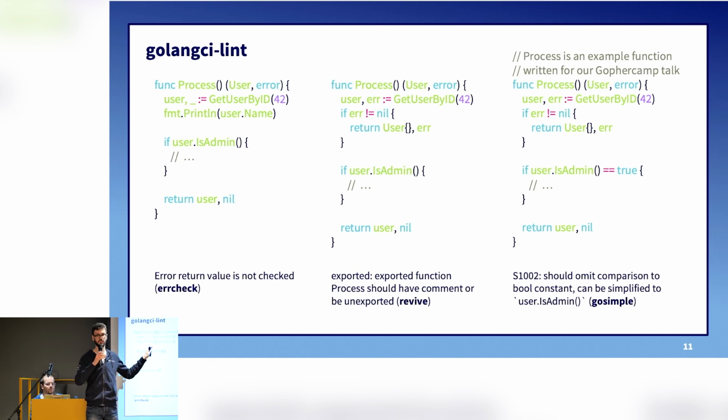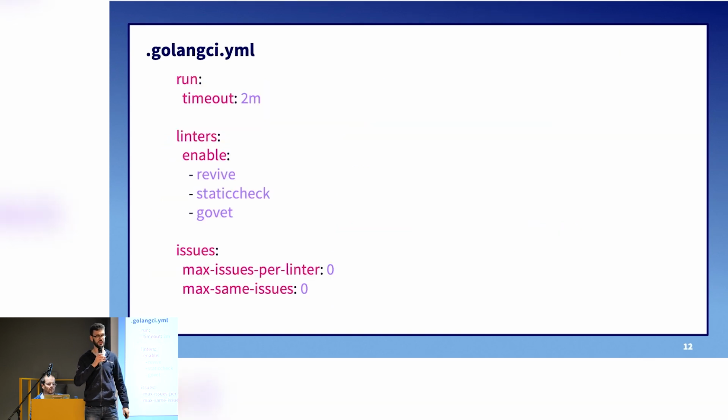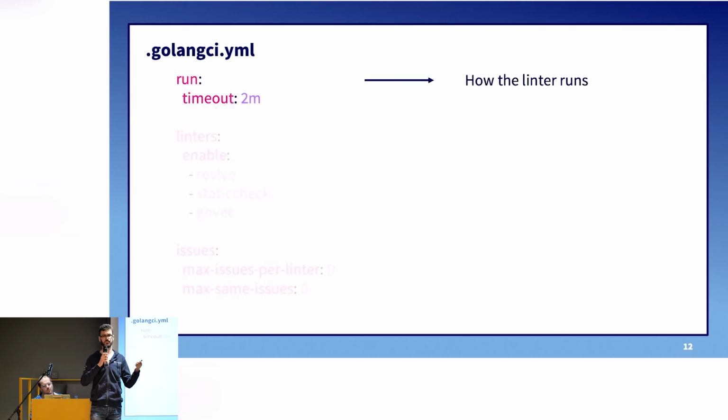But if you want to have minimal needs like this one, it's very easy to set up with this small configuration file. It's enabled, and it's just in 3 parts. How the linter runs, so here, for example, the timeout.